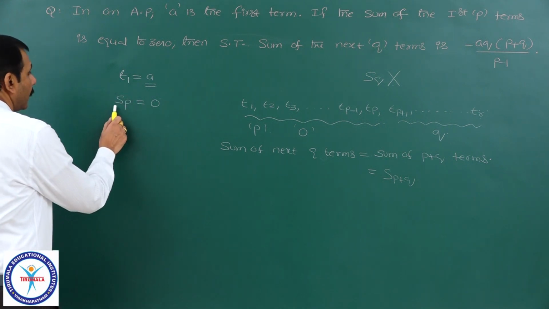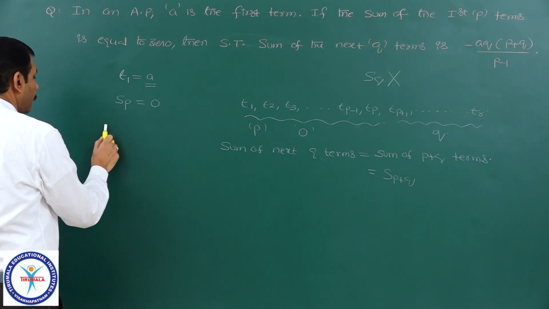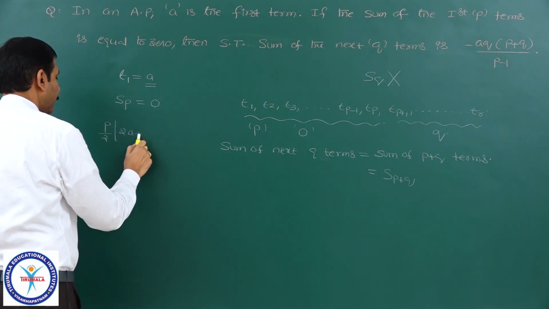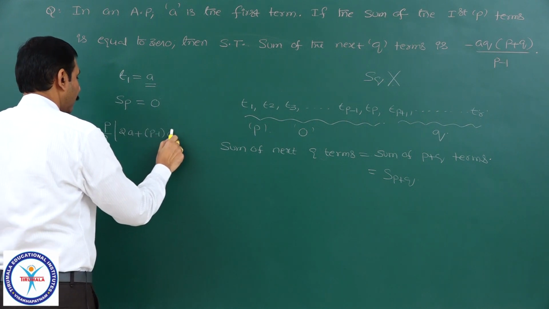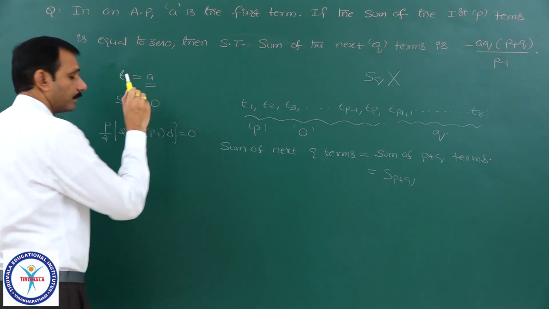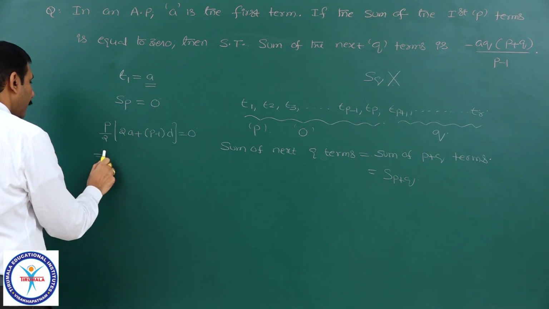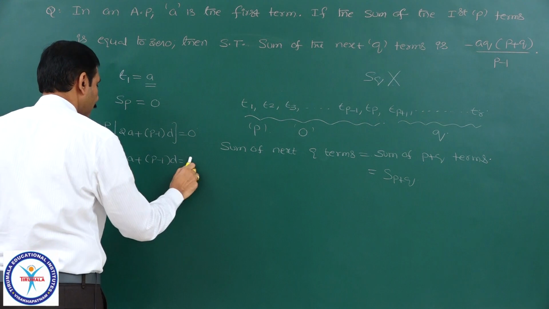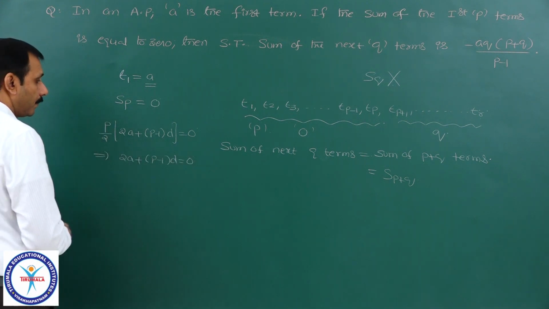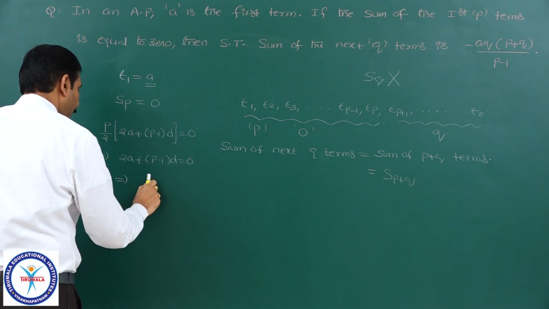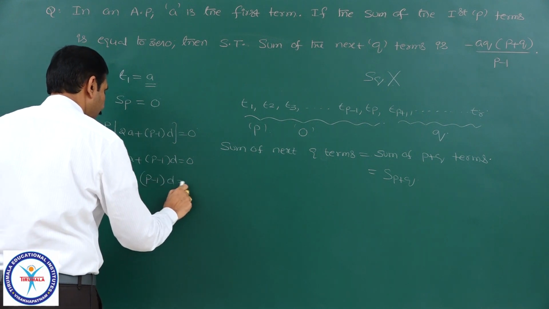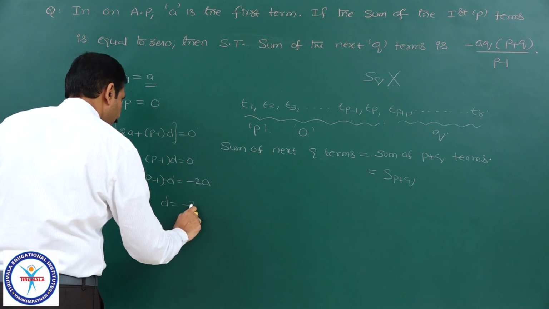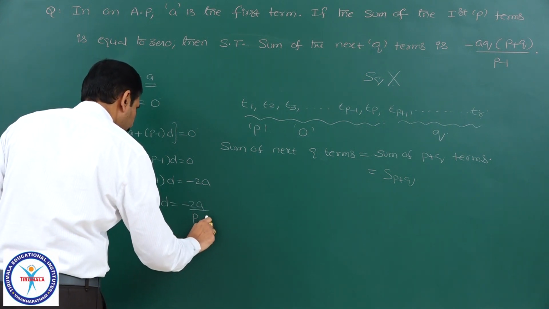Sp equal to 0 means here it is p by 2 into (2a plus (p minus 1) into d) is equal to 0. That implies 2a plus (p minus 1) into d equal to 0, because p is not equal to 0. Therefore, (p minus 1) into d equal to minus 2a. That implies I can write d is equal to minus 2a by (p minus 1).